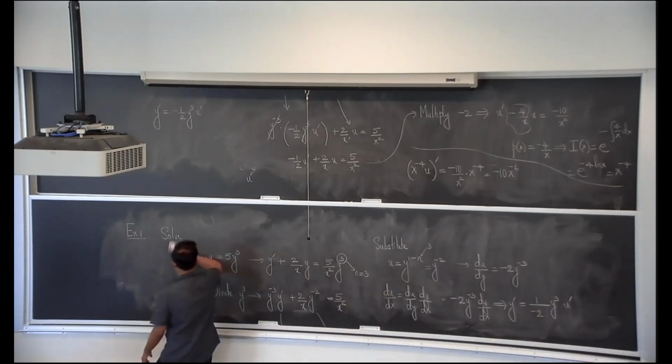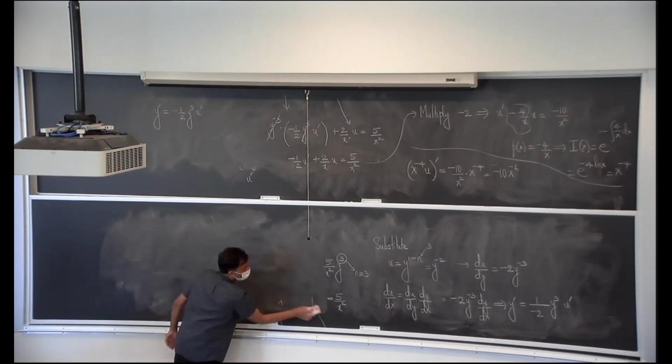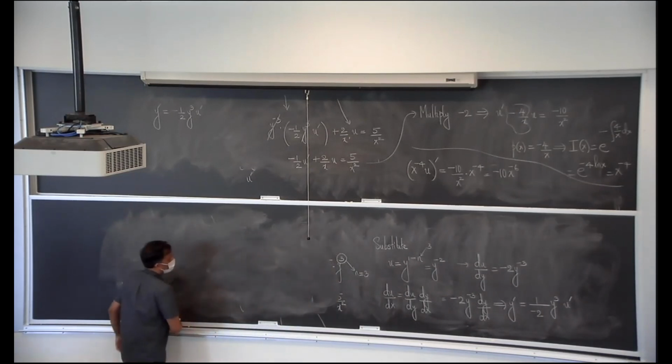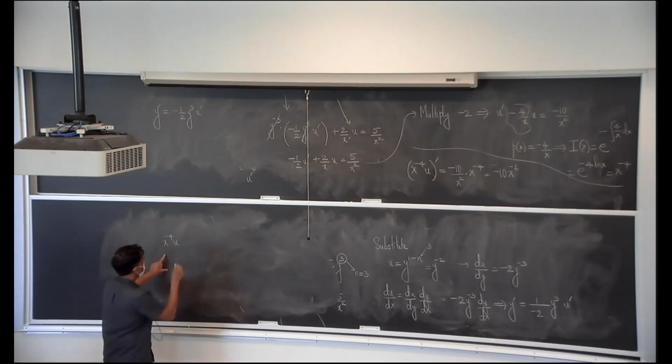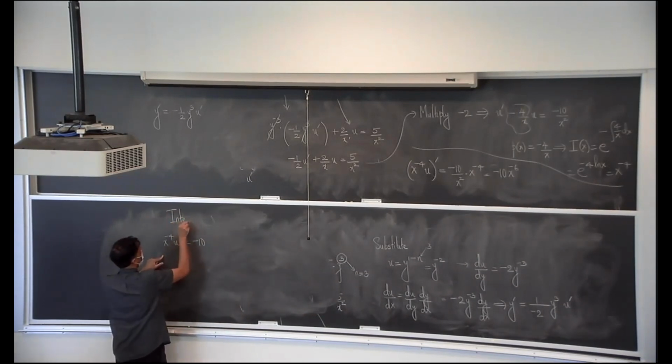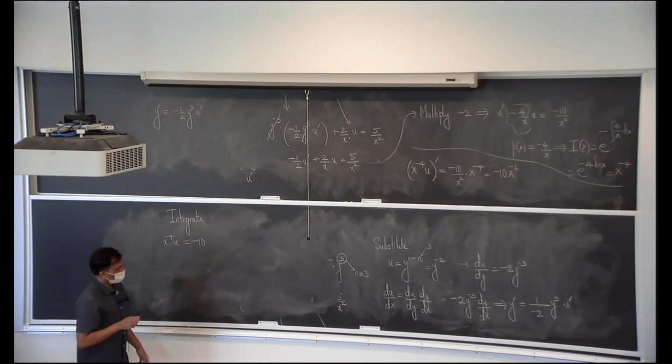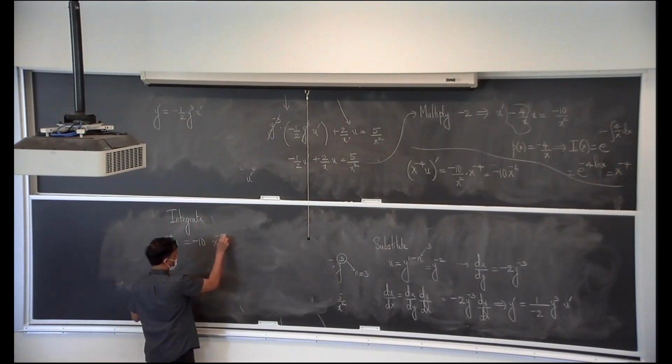Finish it off. So integrate both sides. x to the negative 4 times u, not y, equal to negative 10. The integral of x to the negative 6 is x to the power of negative 5 divided by negative 5.